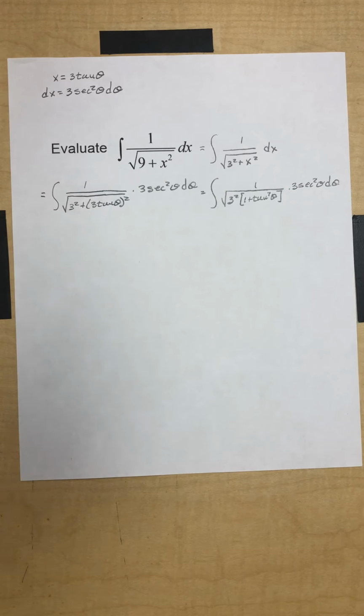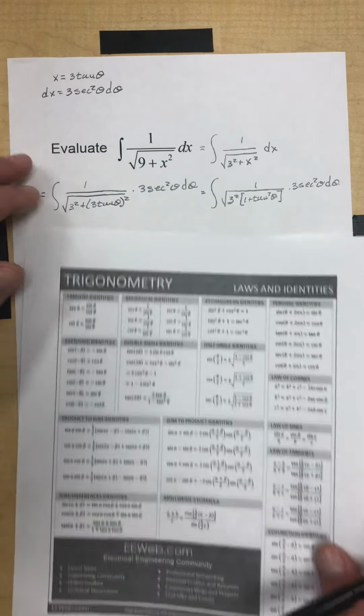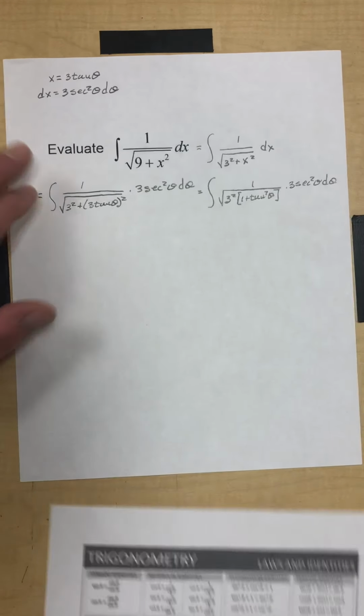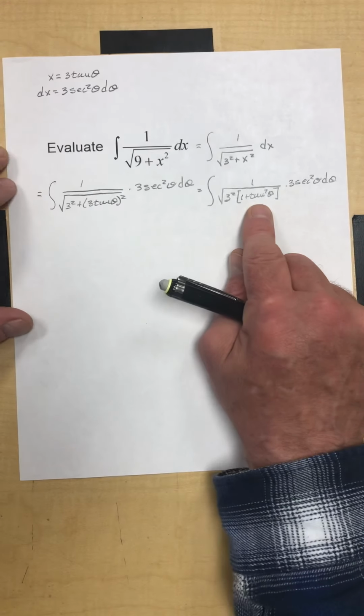If we go to our Pythagorean identities, because I'm looking at that 1 plus tangent squared, 1 plus tangent squared is secant squared. So I can substitute in secant squared right here.